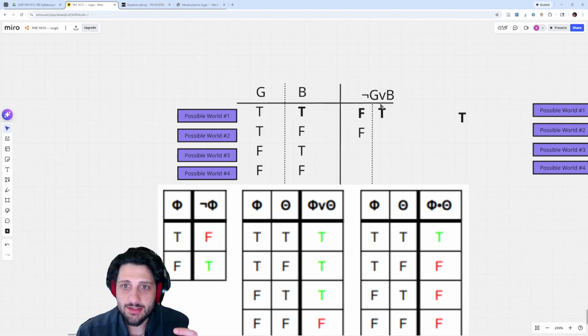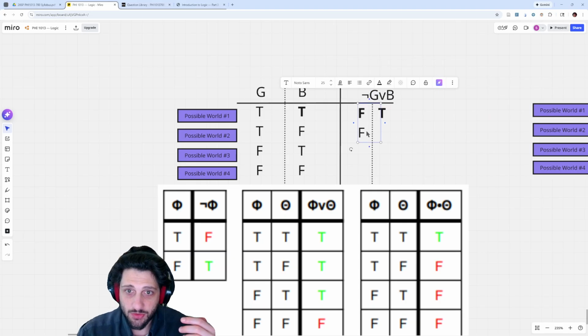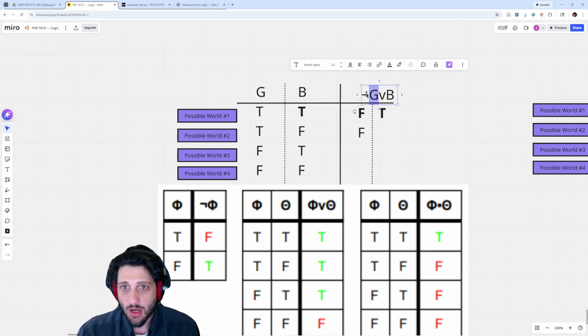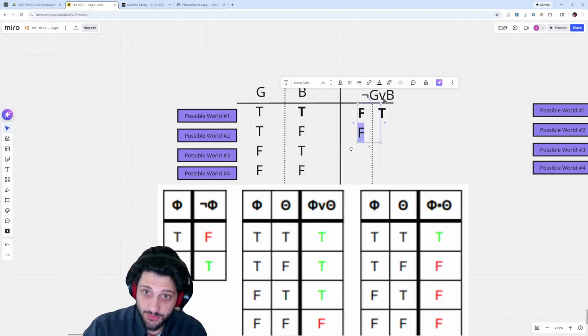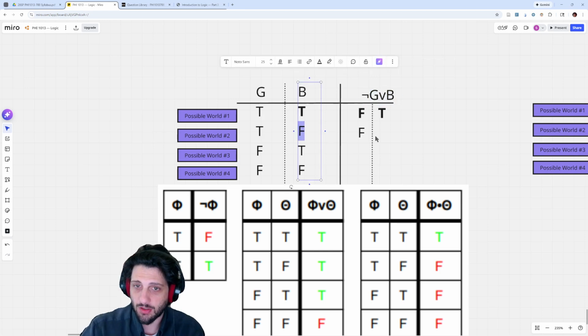And now, what about the statement "either not G or B"? Well, on the left-hand side, I have this false. But on the right-hand side, B is also false. So either you don't have gas in your tank, that's false, or your battery is charged, but that's also false.